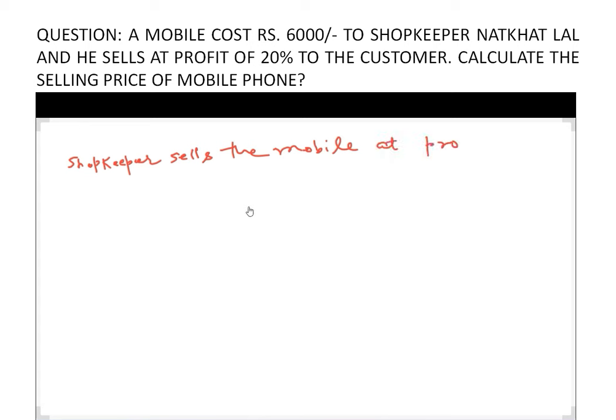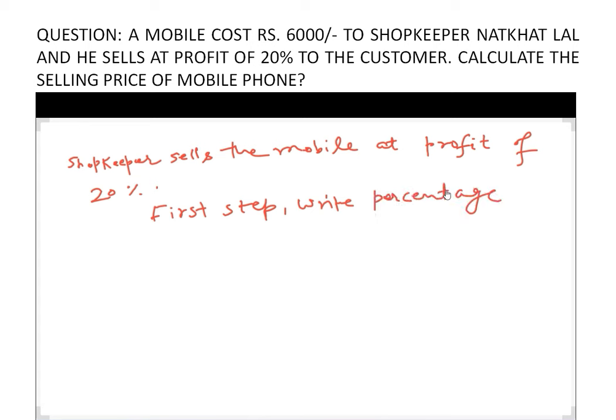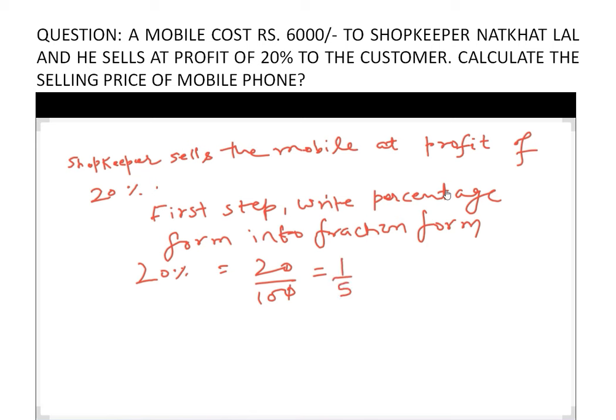Here, the shopkeeper sells the mobile phone at a profit of 20%. So the first step is to write this 20% in fractional form. Now it is given in percentage, 20%. 20% means 20 by 100. So it will be 1 by 5.